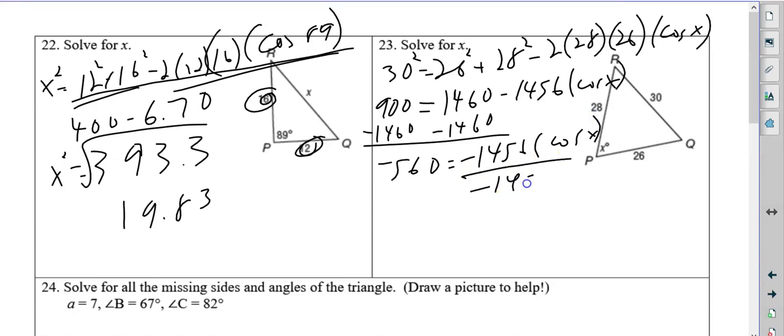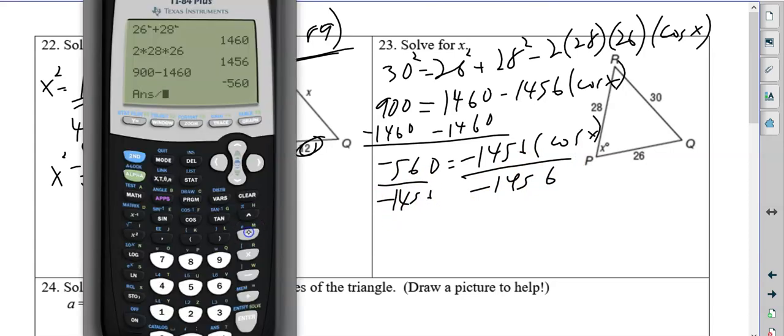Divide by that number. Divide by -1456. Sorry, my calculator is being difficult.